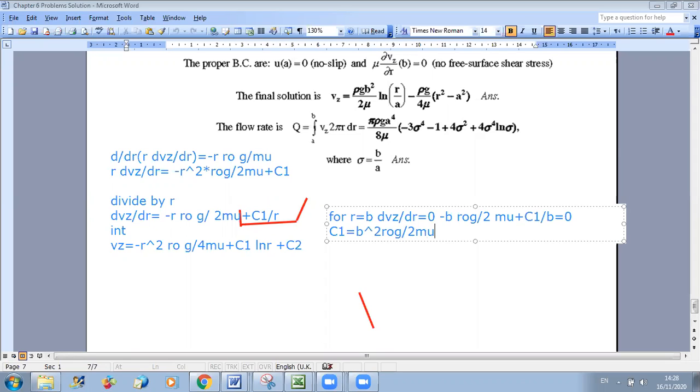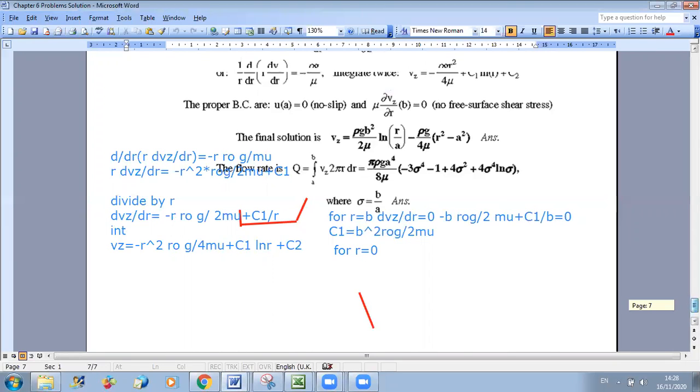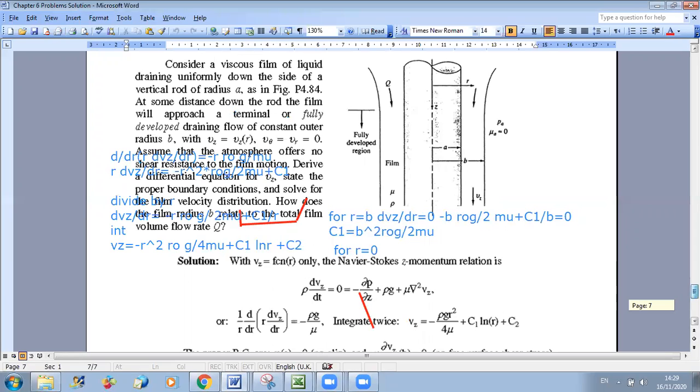Now, to get c2, we apply the second condition. The second condition is that for r equal to a, if you go back to the figure, what is the condition?